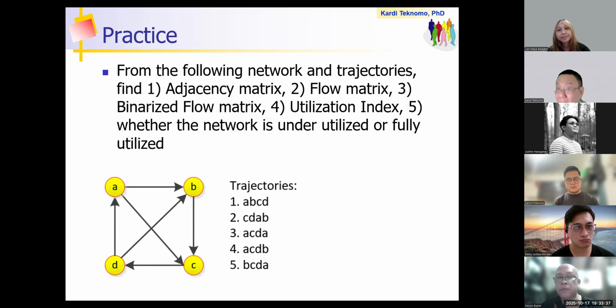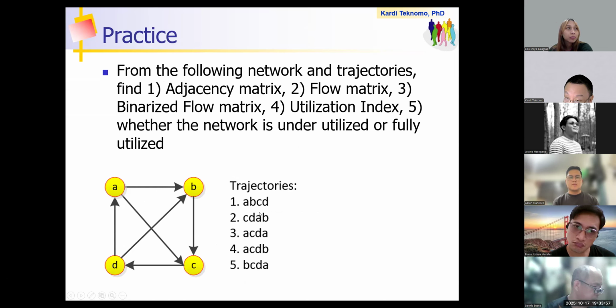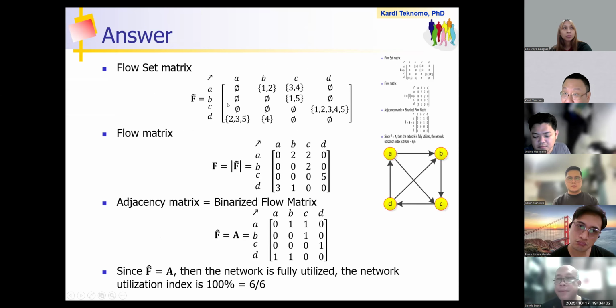Now, from the network and the trajectory, you can get the adjacency matrix, the flow matrix, the binarized flow matrix, and the utilization index, and then check whether the network is underutilized or fully utilized. What is the value? You can practice this. You get the flow sets, and from there you can count its elements.